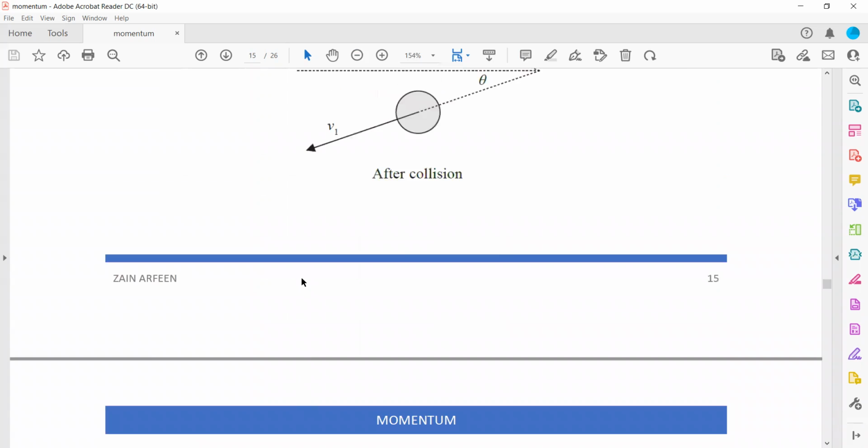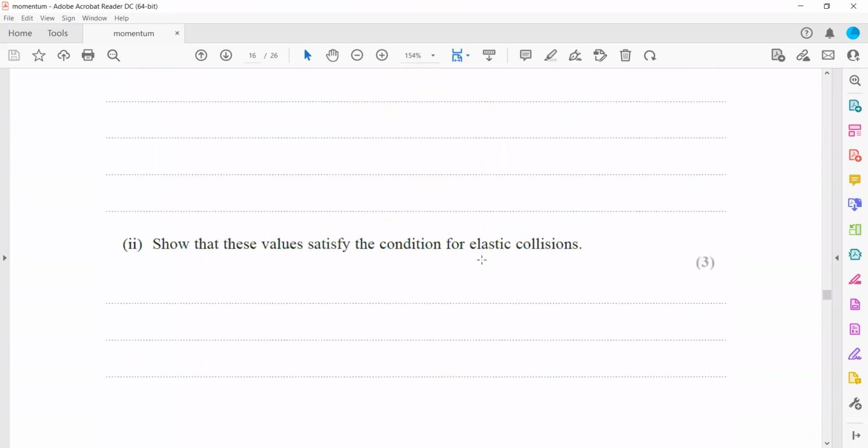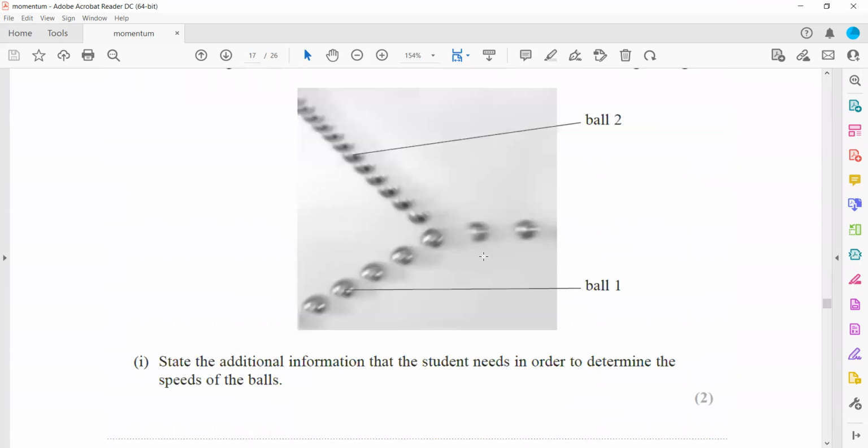As you can see, phi is the angle of the second ball with the horizontal, from the initial direction. So what we have to do is draw a horizontal line, which is basically the line in which ball 1 is moving.